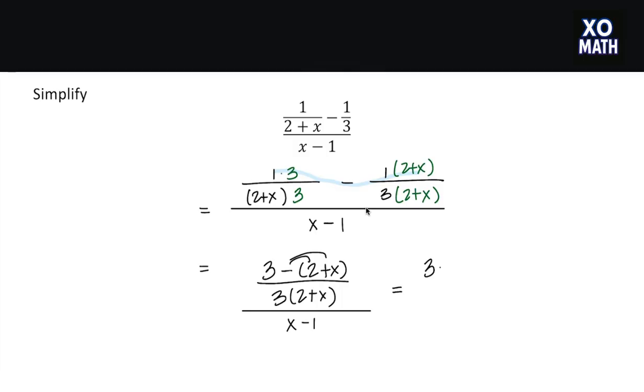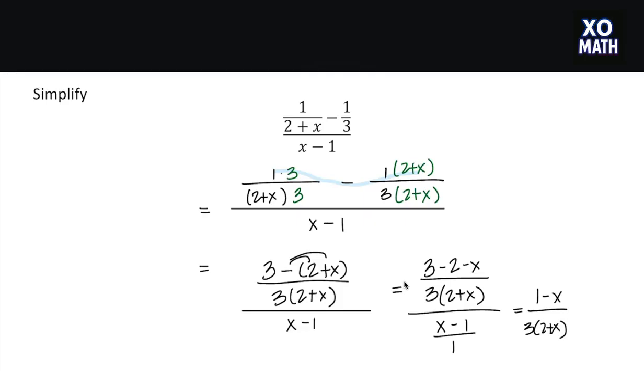So I have 3 minus 2 minus x over 3 times the quantity 2 plus x, all over x minus 1. And I'm going to rewrite that for a moment as x minus 1 over 1. Now in the numerator, 3 minus 2, that's 1. So I have 1 minus x over the quantity 3 times 2 plus x. So that's this numerator fraction here.